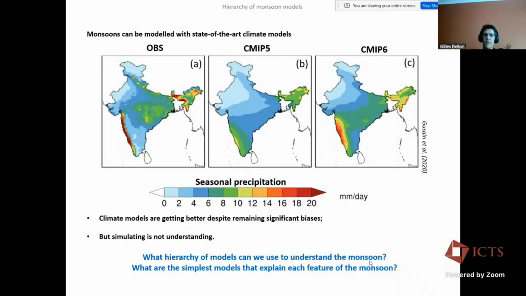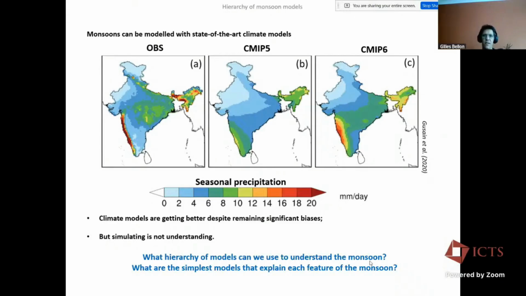And you can see that some things are not well captured here. In terms of resolution and how the orography is represented, you can see over the Western Ghats that you don't have mountain slopes sufficient to create the rain band that's observed, and then you get something that's a little wider and not as intense.